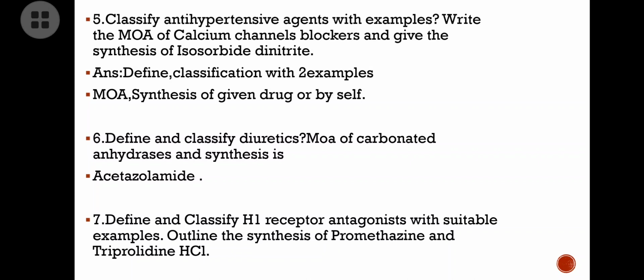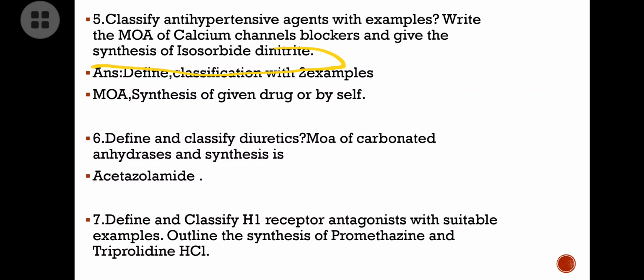Why I am telling this is that sometimes they will ask for a separate example, a separate classification of anti-hypertensive agents. For example, they will ask ACE inhibitors, or some other type, loop diuretics, or calcium channel blockers. These different classifications they will ask, so better you go through the anti-hypertensives neatly. And here they ask the synthesis of isosorbide dinitrate. Are you getting what I am telling? Yeah.